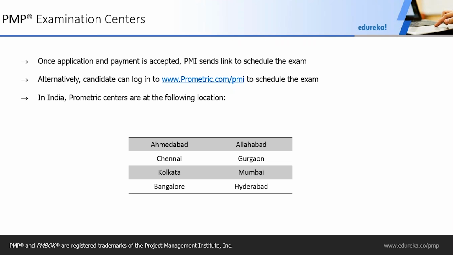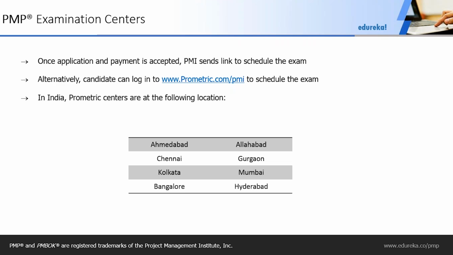If you're outside India, then you need to go to this location, www.prometric.com/PMI, and check whether this Prometric Center which is capable of conducting PMP examination is there in your region or not. In case if there is no Prometric Center within the radius of 250 miles, then the option of paper-based exam is also available on those centers.